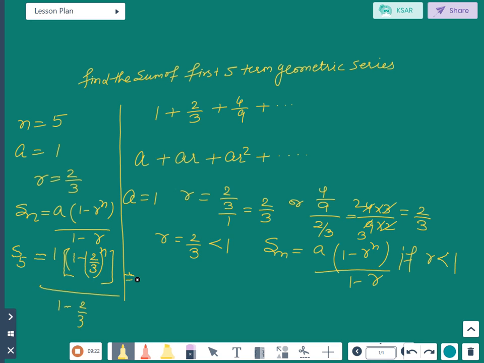Now simplified, S5 is equivalent to 1 into 1 minus 2 by 3 power n over 1 minus 2 by 3, or we can say 1 by 3. Is it clear?